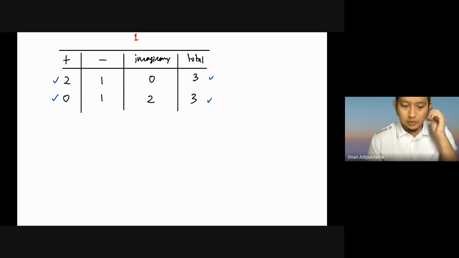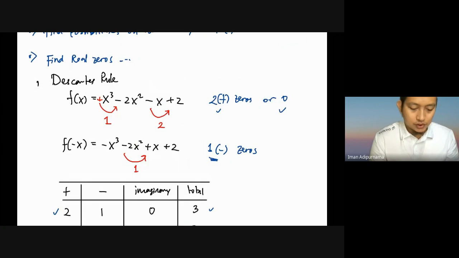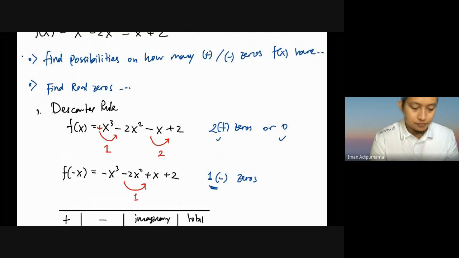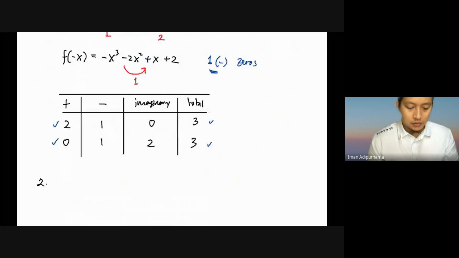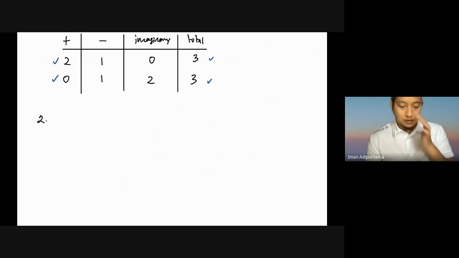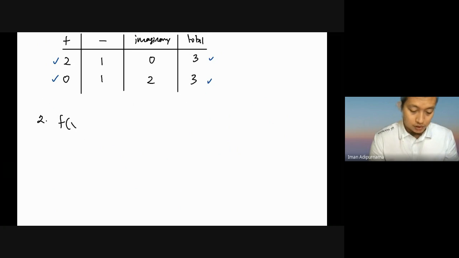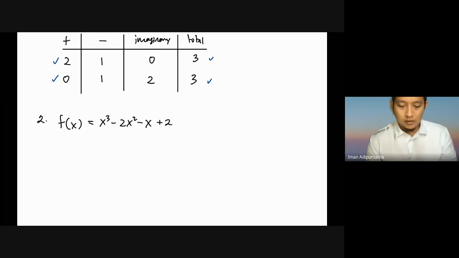And then the second question. This is the first question. The second question is finding the real zeros. Let me write one more time the function.